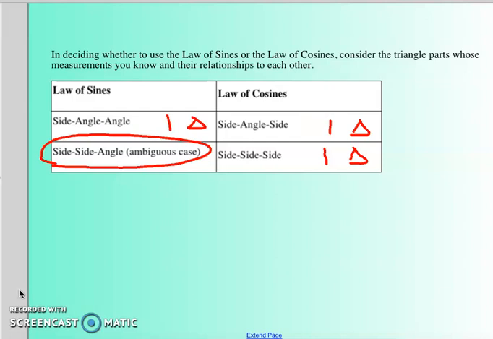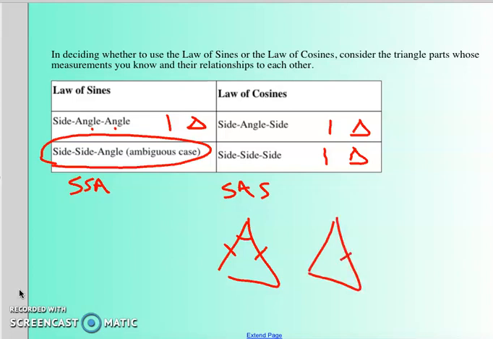So, kind of nice. If you have two angles, it's going to be law of sines. If you have one angle, people get confused between side side angle and side angle side. So I'm going to draw one of each here. This is side angle side. Notice the angle touches both sides. Here's another way to do it. Side angle side. Notice they're right in a row.